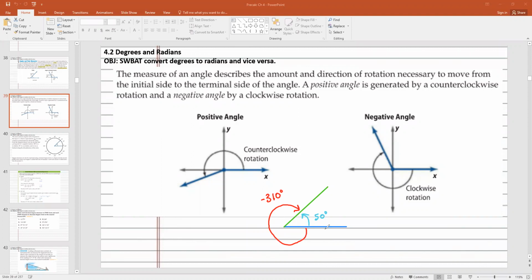All right, and we'll talk about that later. And notice what they would add up to if this was a positive 310. All right. So clockwise is negative, counterclockwise is positive. So that's that. Let me put this on the notes.